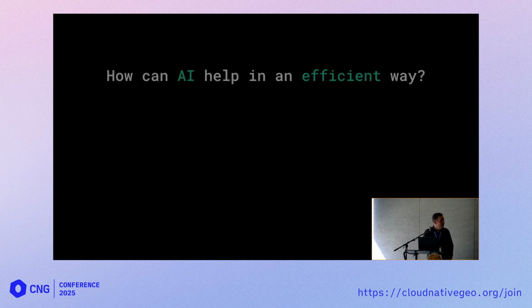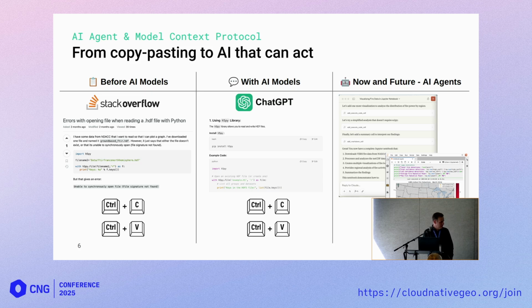So the question: how can AI help with that? And specifically, how can an AI agent help with those issues? Maybe stepping back a bit, before AI, maybe you've done this: you launched a Google search, which drove you to Stack Overflow.